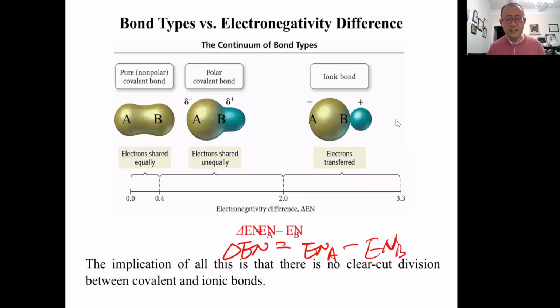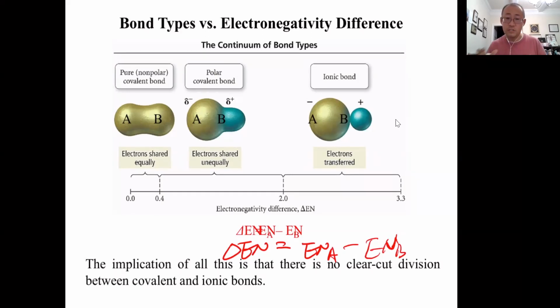Now, if the electron activity difference between A and B starts to get bigger, so one of the atoms has greater electron activity than the other, and the difference is between 0.4 and 2, then the bond between A and B is still sharing electrons, but that bond is called a polar covalent bond.